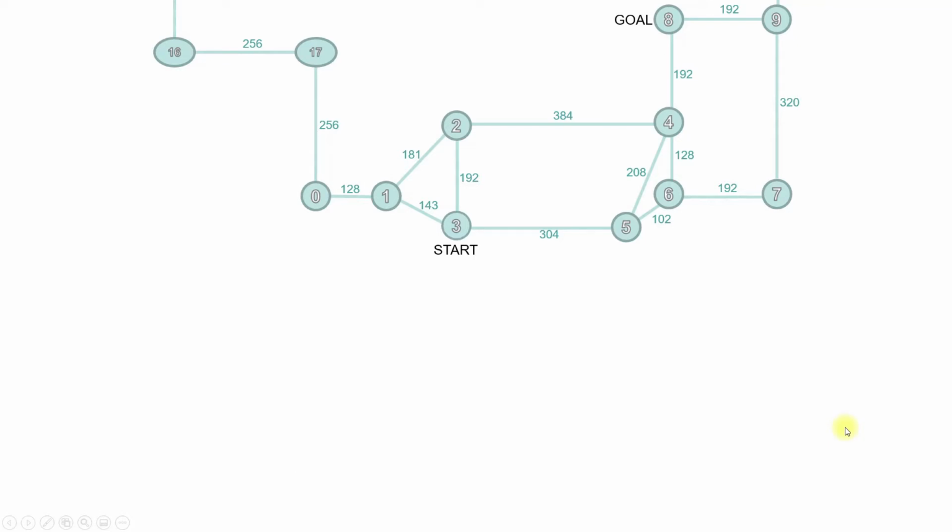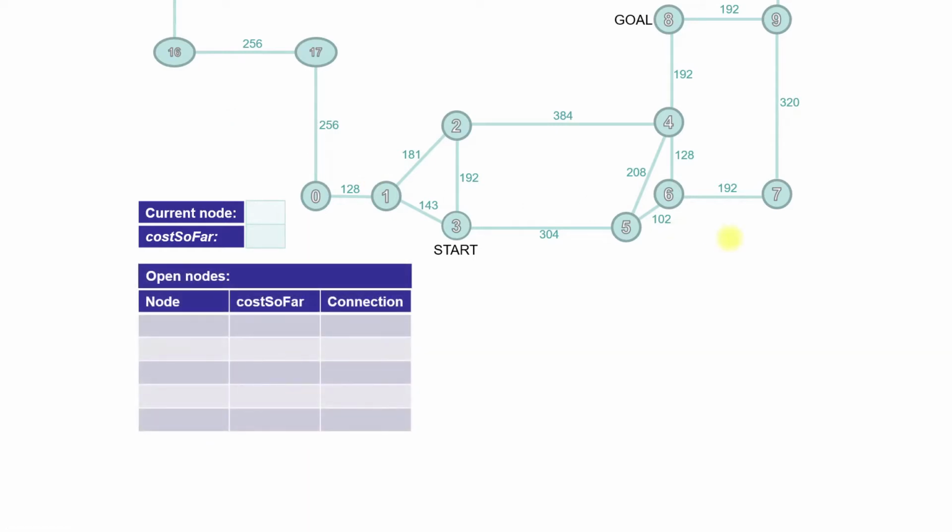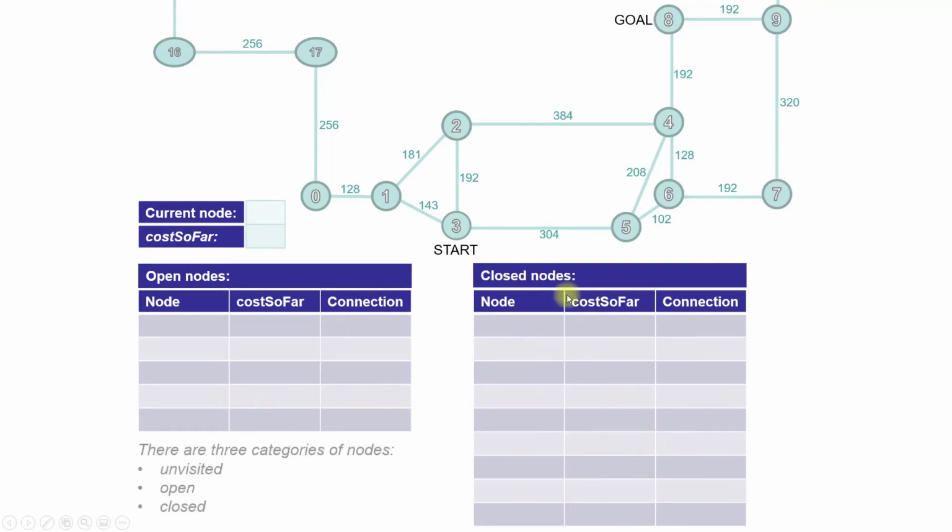At each iteration of the algorithm, one node is selected as the currently visited node. Besides that, all the nodes are divided into 3 categories. Initially, all nodes are considered as unvisited. Whilst the algorithm progresses, some nodes will be first open and then closed.